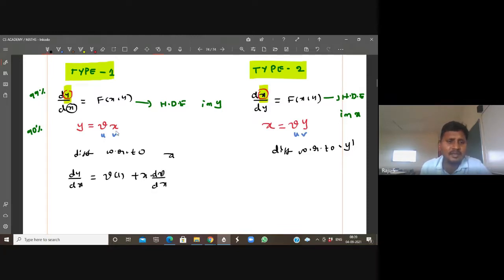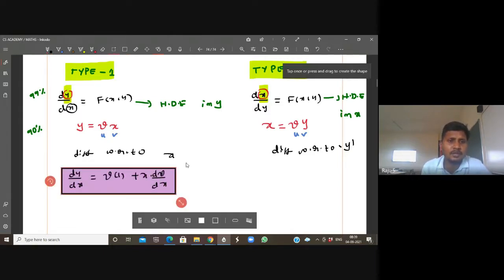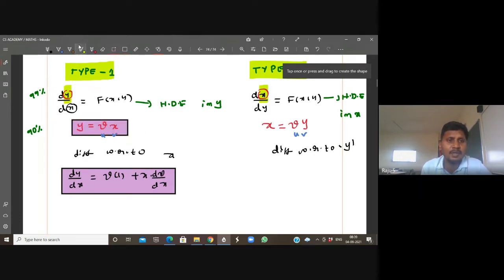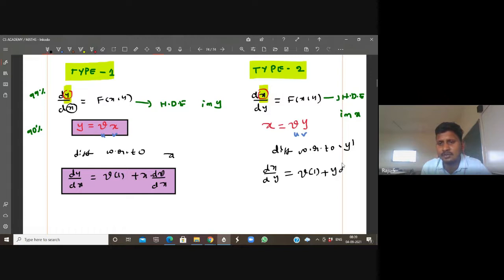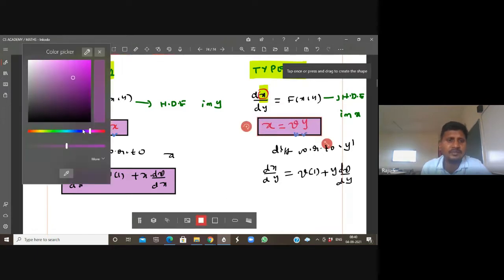The derivative of x is 1. Students, you must remember this: when y is equal to vx, dy by dx is v plus x dv by dx. Similarly, differentiating with respect to y, dx by dy is v into 1 plus y into dv by dy. You have to remember these two.